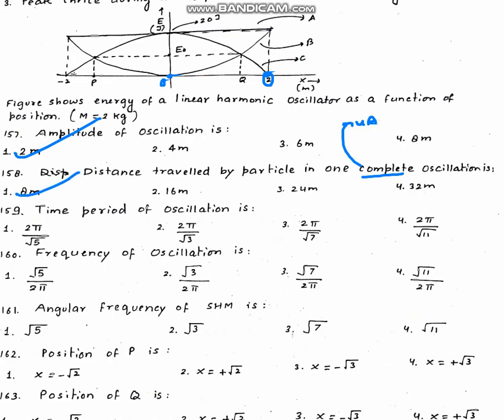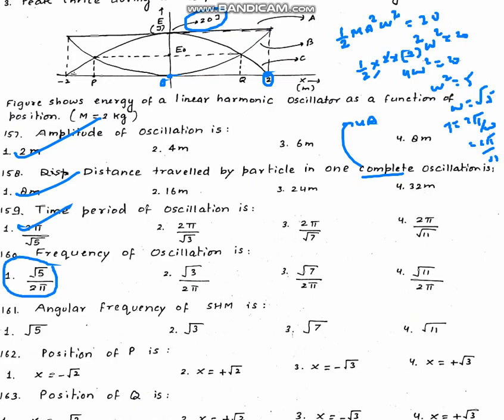Next is time period of oscillation is. So here for finding time period we can see that maximum kinetic energy which is half m a square omega square, it is 20.